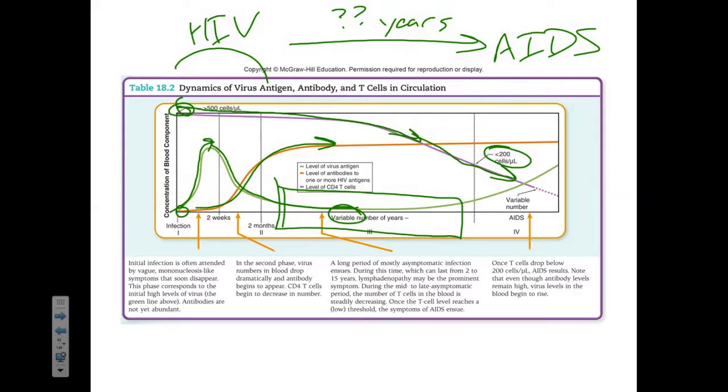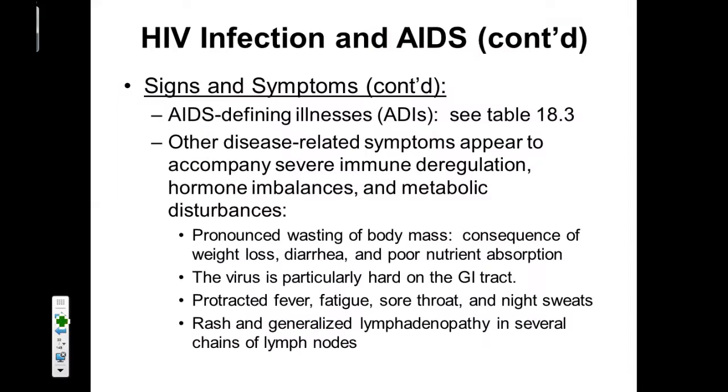And once we drop below that threshold, we recategorize the patient from HIV positive to AIDS positive. So we need to have that T lymphocyte level drop below 200 cells per microliter of blood, or 200,000 cells per milliliter of blood. There are some illnesses that are classically associated with AIDS.